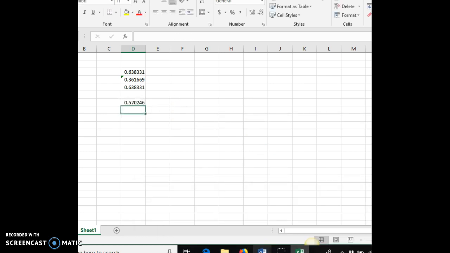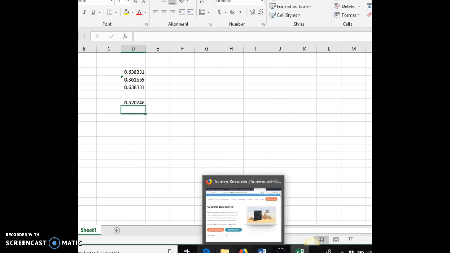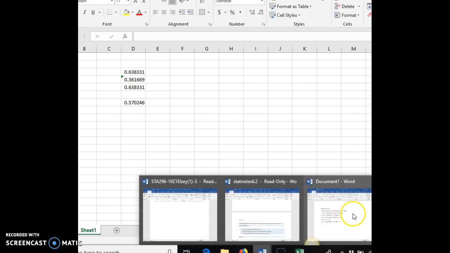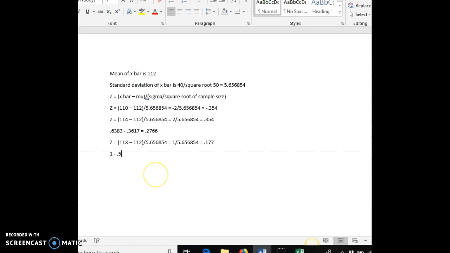And it tells me that probability is 0.5702. So let's go back. Let's make that subtraction and we'll have the answer. And that gives us 0.4298 as our probability for the third problem. And there we have it.